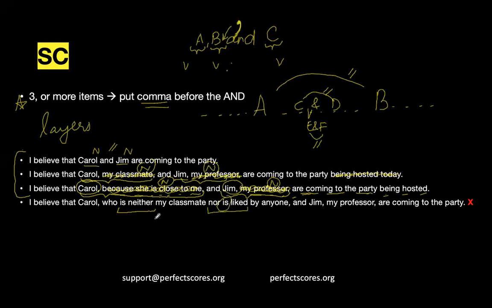You either use it over here and over here, or you just use it once in the beginning before the neither-nor starts. So this is what is going to actually happen in the wrong sentences that you see today. Otherwise you will have longer sentences, but you just have to take care of these words. These words basically give you a clue that there could be a problem here.